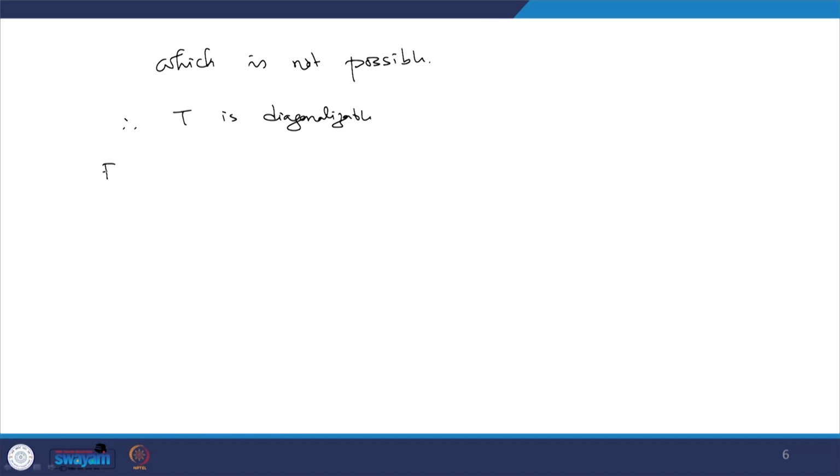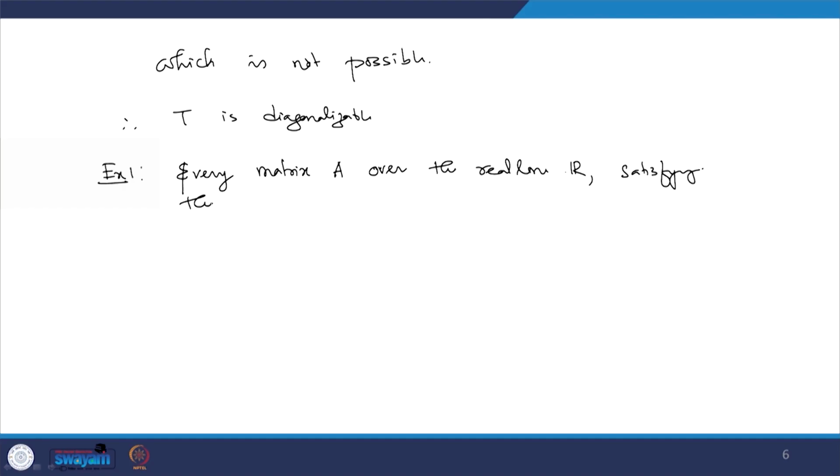First problem, or example type. Every square matrix A over the real line R satisfying the relation A square equal to A is diagonalizable over R. How is it?